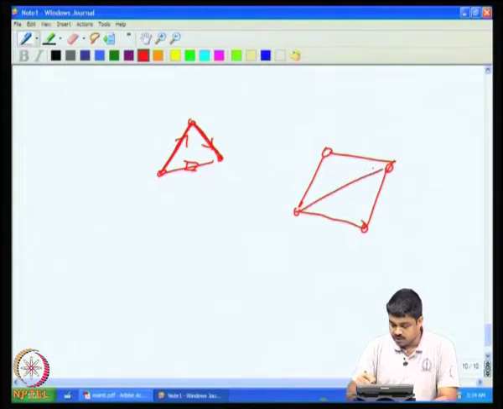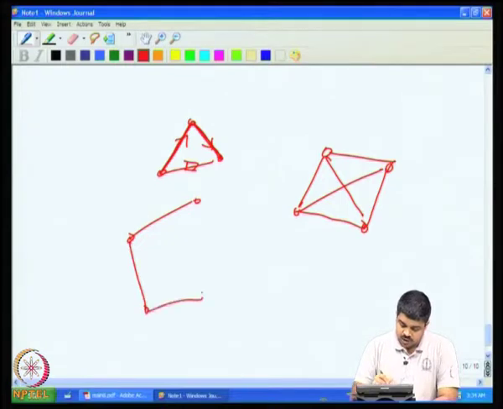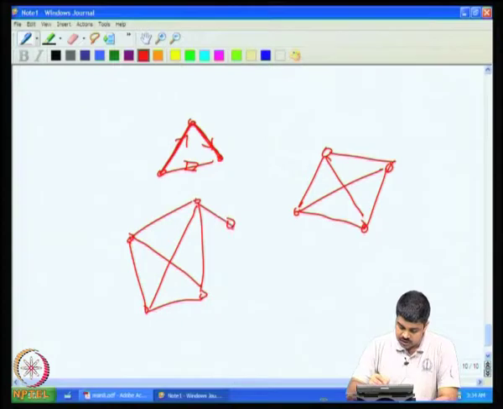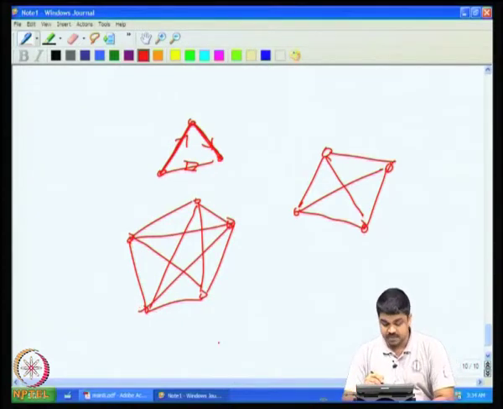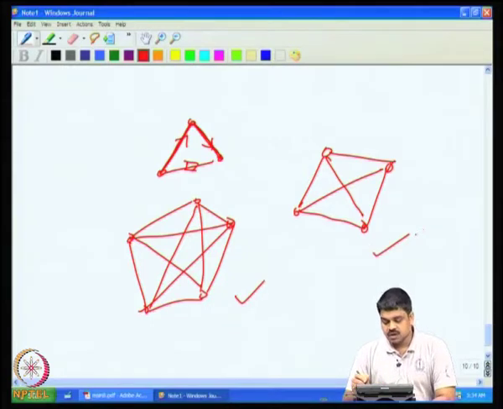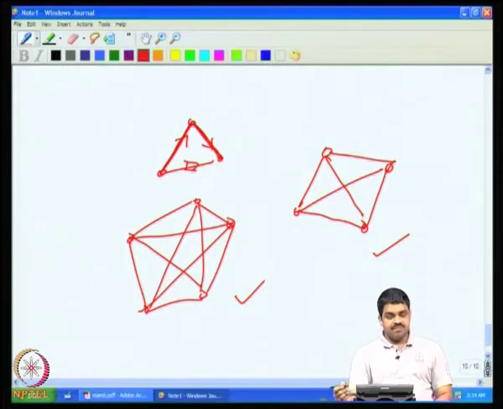It will be interesting to see whether, with K4 or K5, you can give direction to the edges in such a way that there is no Hamiltonian directed path. But after some attempts, you may realize that whichever way you orient the edges, you end up getting one Hamiltonian directed path.